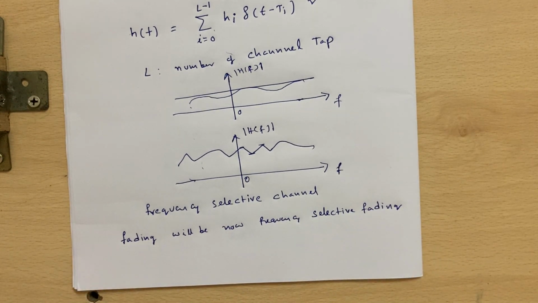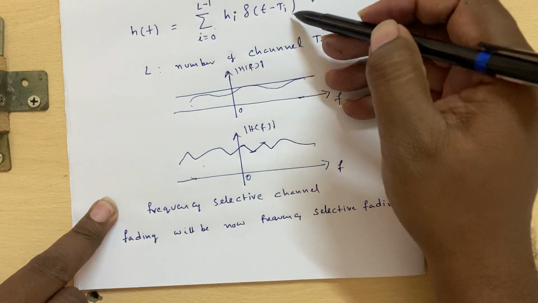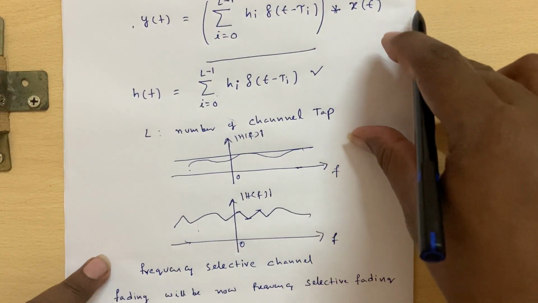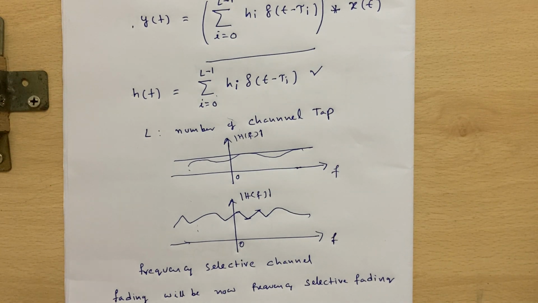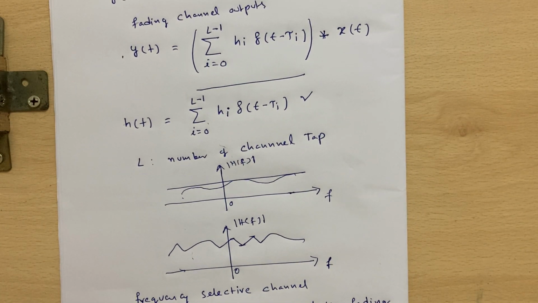And if you observe, as the number of impulses in the impulse response increases, the fluctuations in the frequency response will be more rapid. So this is actually frequency selective fading. And we go to the next topic now, we just discuss on this now.